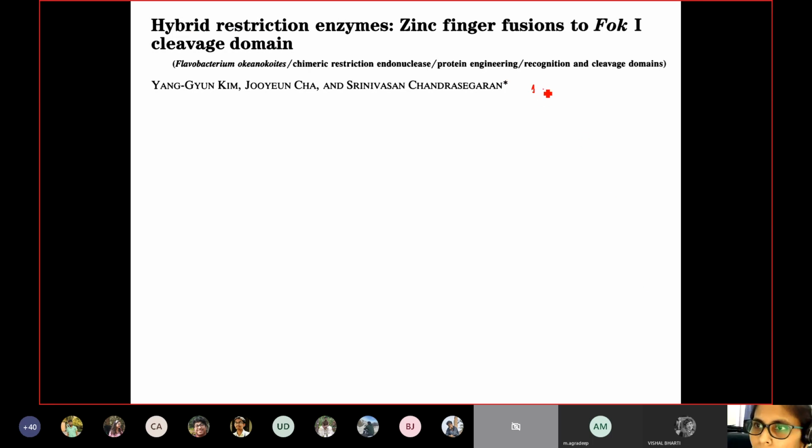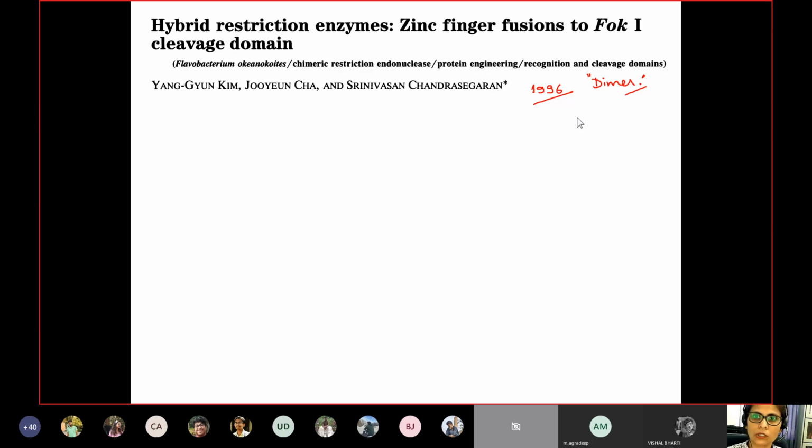I will come to why I'm saying 1996, because by this time the dimer publication was not published. So the dimer, because FOK1 requires dimer, was not known by this time.